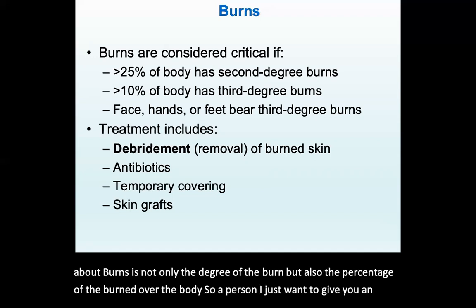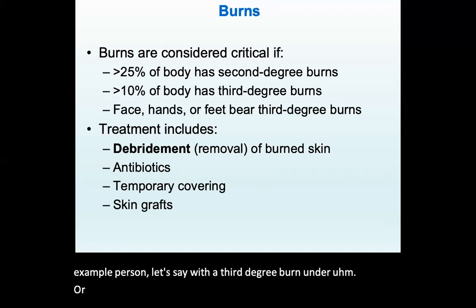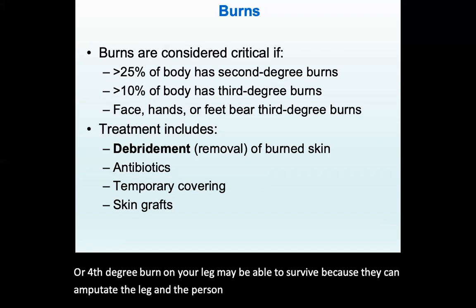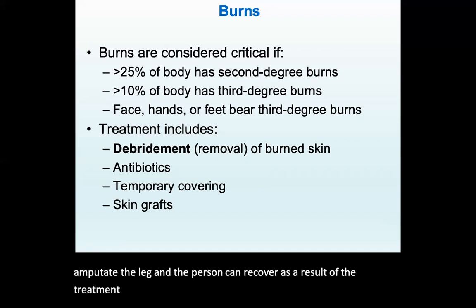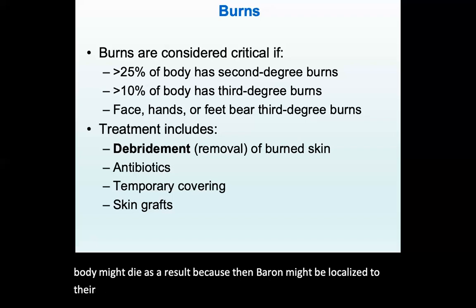A person, let's say with a 3rd-degree or 4th-degree burn on their leg may be able to survive because they can amputate the leg and the person can recover as a result of the treatment. But somebody with a 3rd-degree burn over 4.5% of their body might die as a result because the burn might be localized to their head, right? So the location is also something else that you do need to think about.